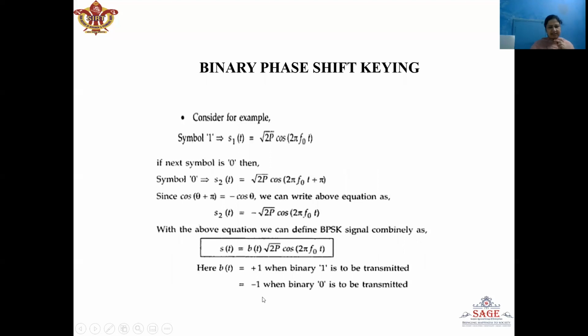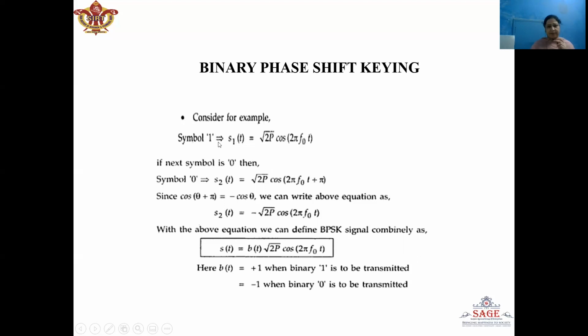Now, as discussed earlier, when there is a change of the message signal, there will be a phase shift of 180 degrees in the carrier signal. So for symbol 1, that is when the message signal is represented by binary 1, the modulated signal is represented by the carrier signal √(2P) cos 2πf₀t.